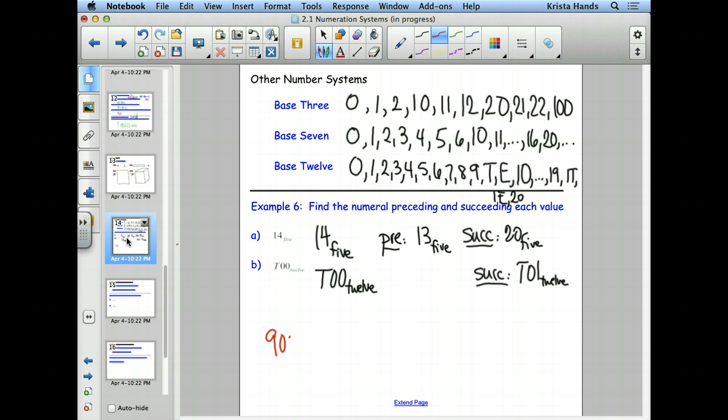If we have the number 900, these two digits would become the largest digit that we have in the number system we're working in, and this 9 would become an 8. It would go down 1. So the same thing is going to happen with the number T00. The T is going to become what? A 9, because the number before T is 9 in base 12. And the zeros will become what? E's, because E is the largest value in base 12.